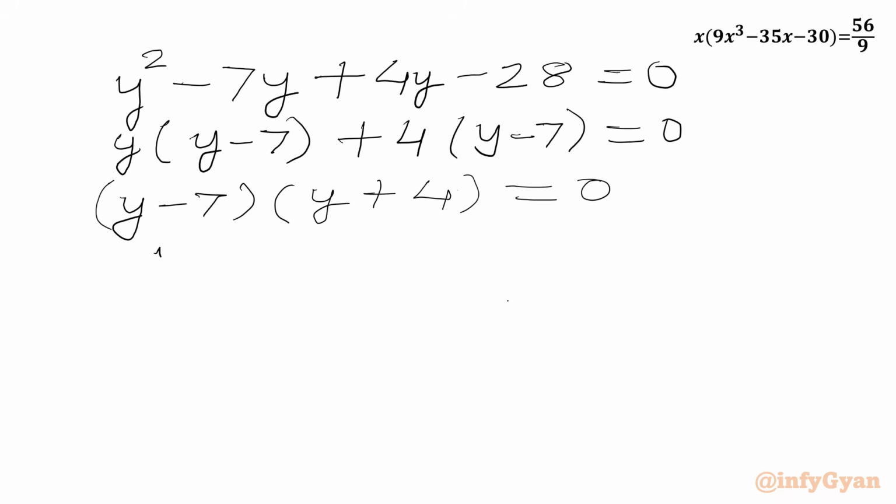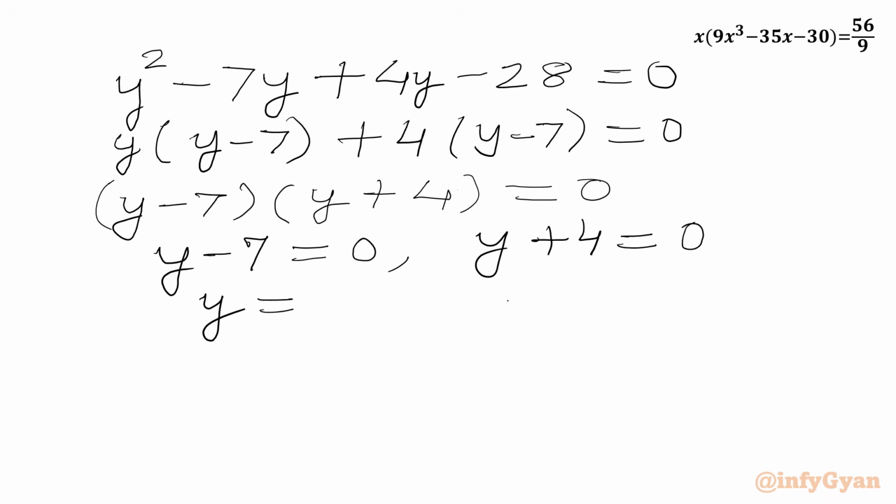Using product 0 rule, we will write two equations, either y minus 7 equal to 0 or y plus 4 equal to 0. So from first equation we will be getting y equal to 7 and from second equation we will write y equal to minus 4. So in total we have 4 y values.